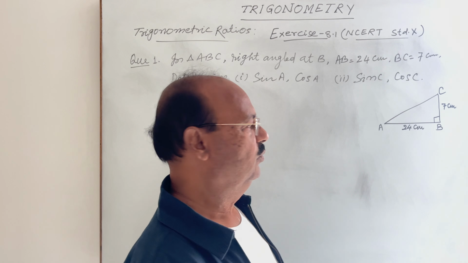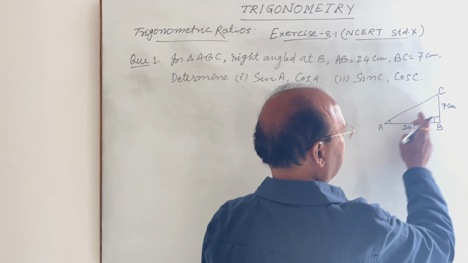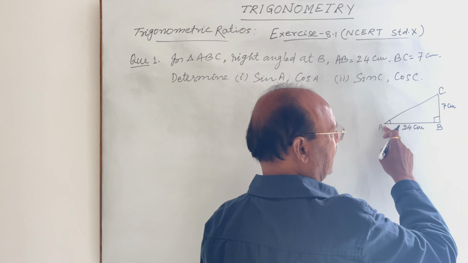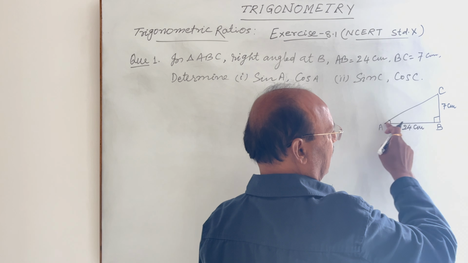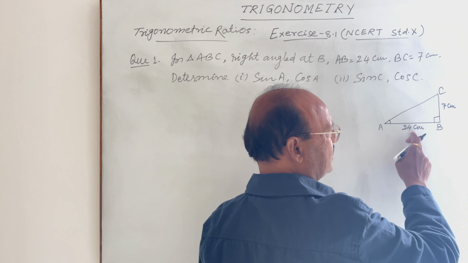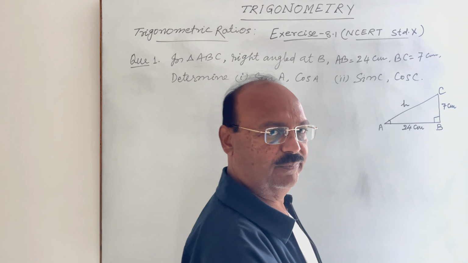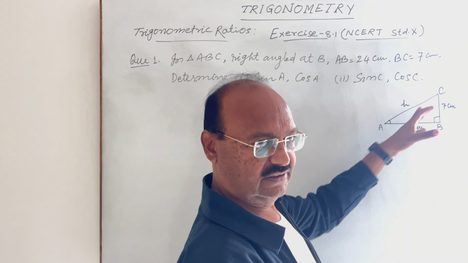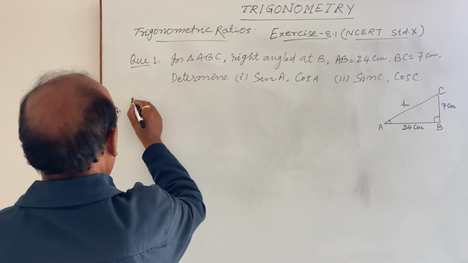With respect to angle A, the side opposite to the angle being considered is perpendicular, the adjacent side is base, and the longest side is hypotenuse. So first we will find AC, that will be H here. Let us see the solution.